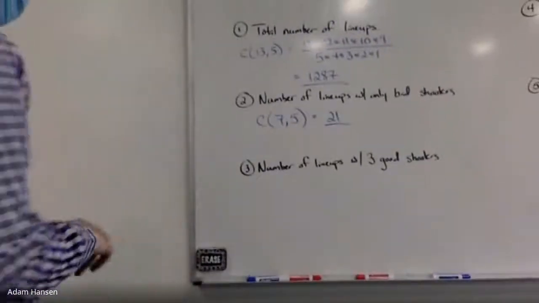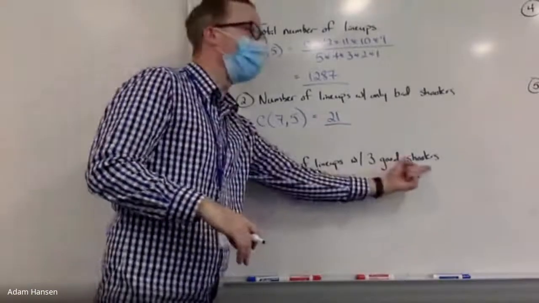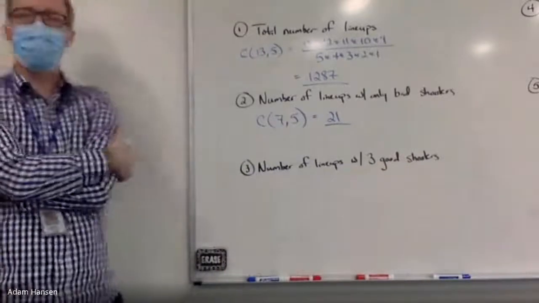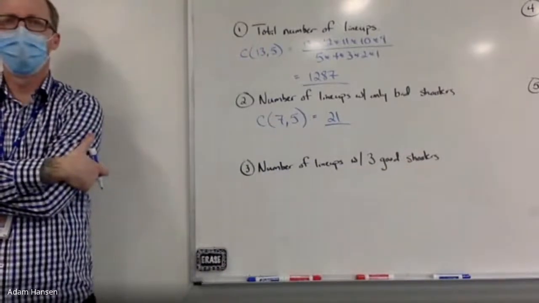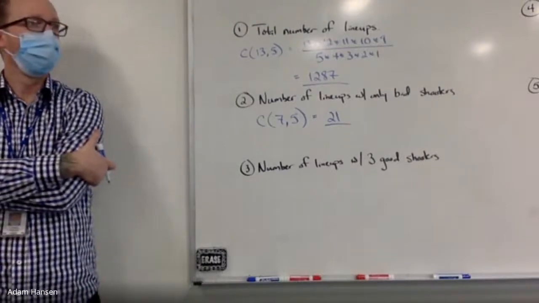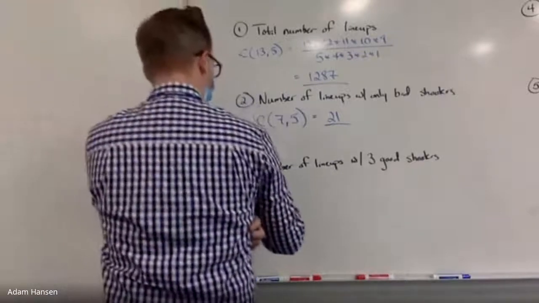Down below on number 3, what's the number of lineups with 3 good shooters? Well, there were 5 people on a lineup. If I have 3 good shooters, what about the other 2 players? They're bad shooters. So this is really asking you to do 2 different things.